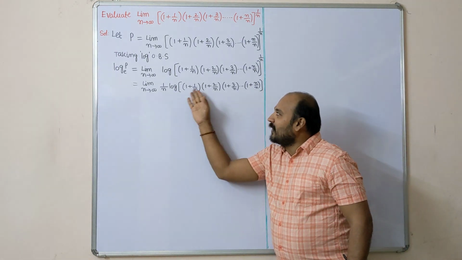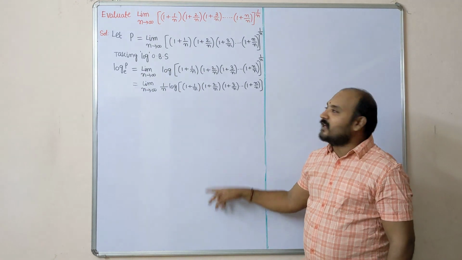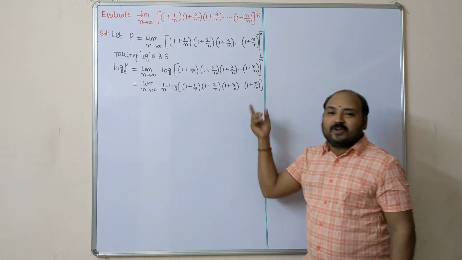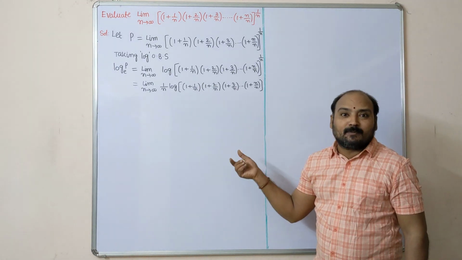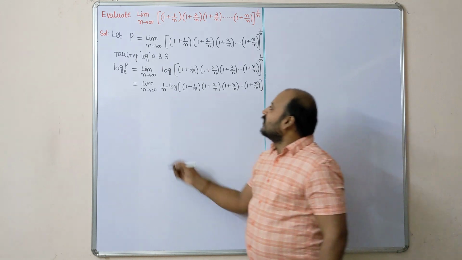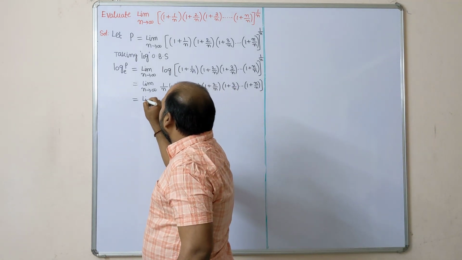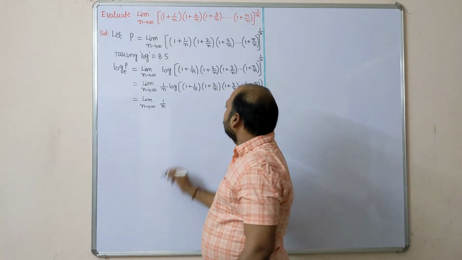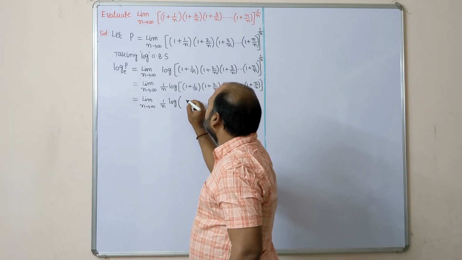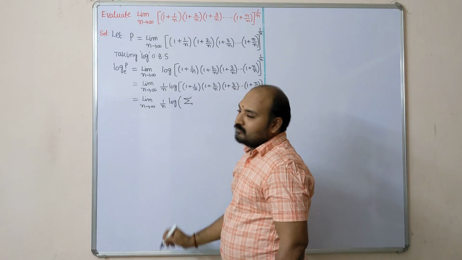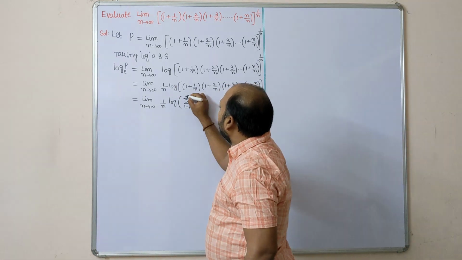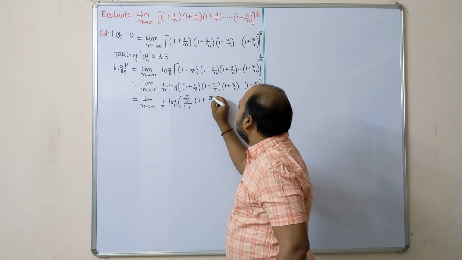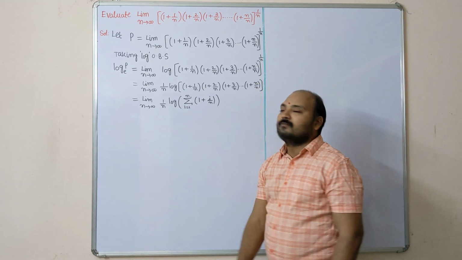Observe, dear students, 1 plus 1 by n, 1 plus 2 by n, 1 plus 3 by n, and so on, 1 plus n by n is there. This product we can write using sigma. So limit n tends to infinity 1 by n log of the product for i is equal to 1 to n of 1 plus i by n. Am I right?